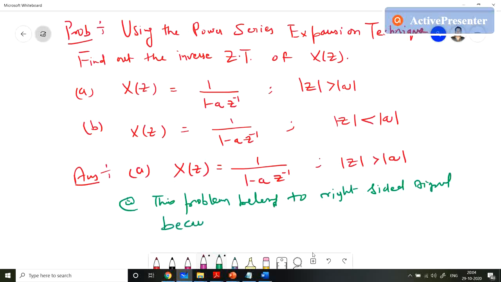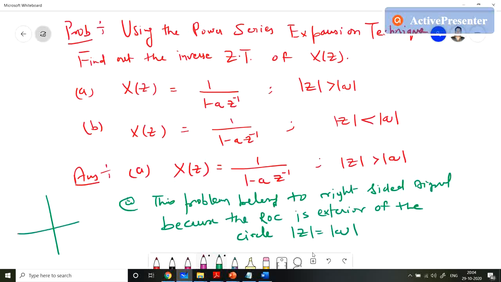because the region of convergence is the exterior of the circle. Modulus of z equals modulus of a. Because this is modulus of z greater than a, it means this is exterior to the circle.